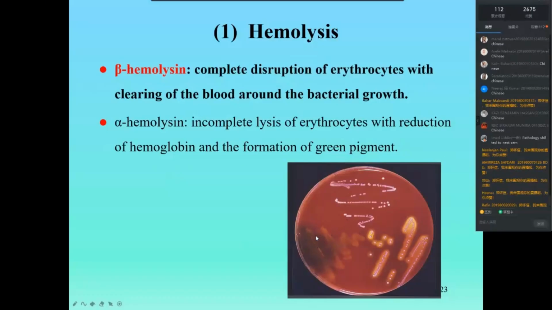I'm wondering why. I'll check some information later, or you can read the textbook or check it online and figure it out. Even though they don't lyse red blood cells, why did they get the name of gamma hemolysin? Okay. So this is hemolysis.